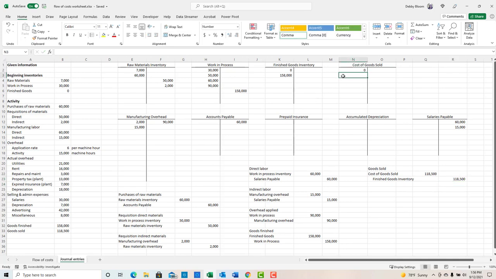So I'm going to debit my cost of goods sold $118,500, and credit my finished goods inventory $118,500.